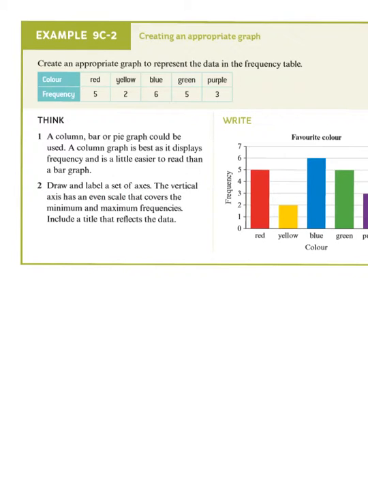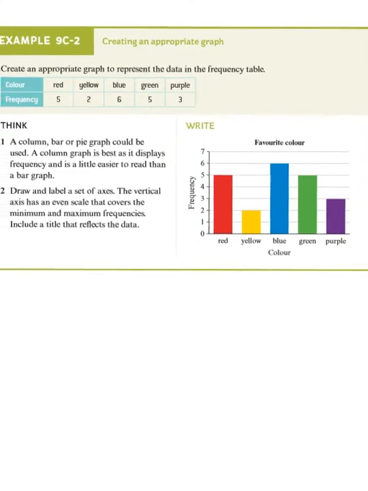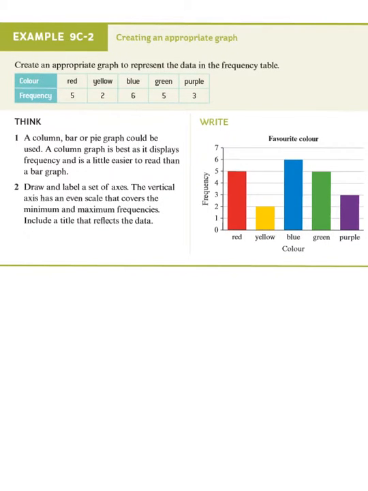If we move it over a little bit, you can see that we have our axes. We've got frequency, we've got red, yellow, green, purple, with equal spacings between them. We've labeled it. It's all about your favorite color. That's color, that's frequency, and we've said what each one is.